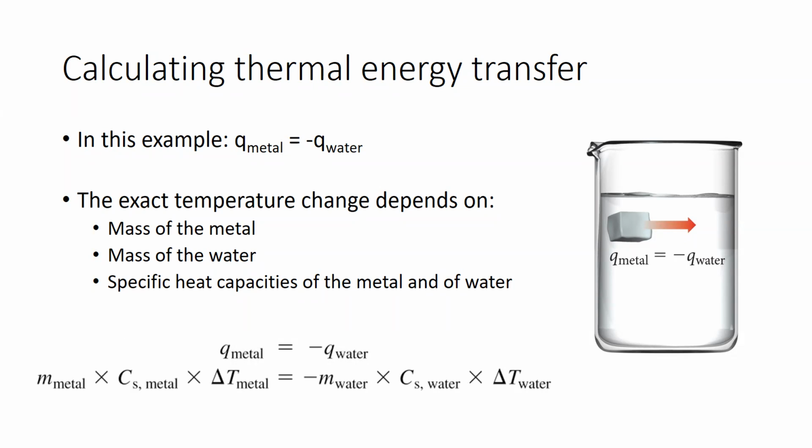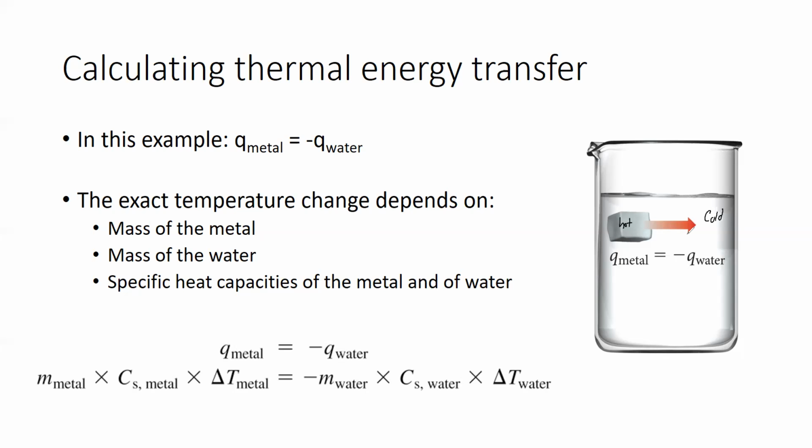Well, in this example on the right, if this metal is hot and the water is cold, the metal will lose heat and the water will gain heat. The amount of heat loss and gain are the same value but opposite signs.